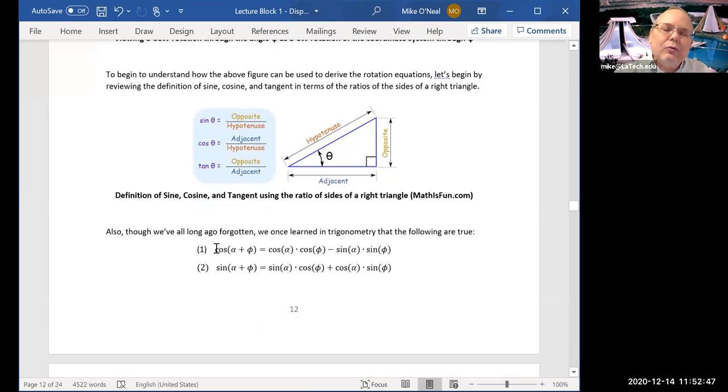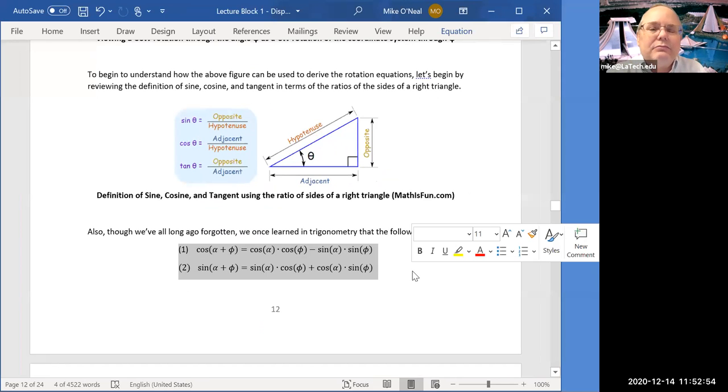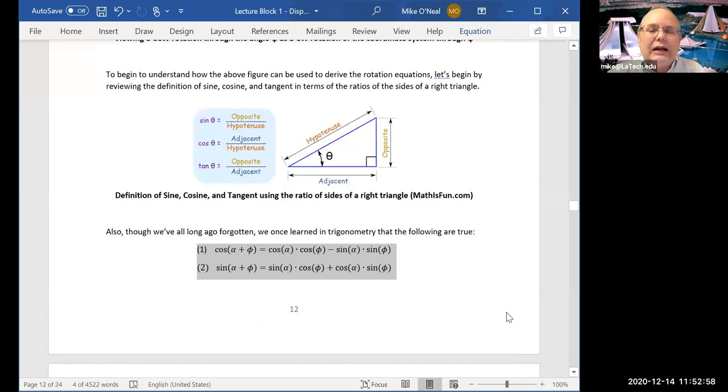Now here's something we're just going to accept on faith, because we learned it when we took our trig class back in junior high or high school, whenever we first took it. And quite frankly, I've forgotten why this is true.